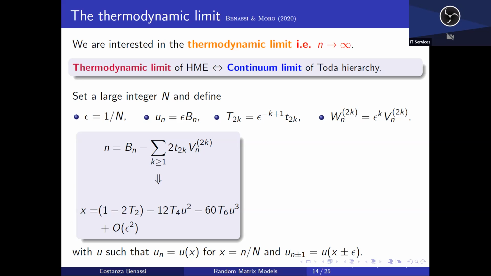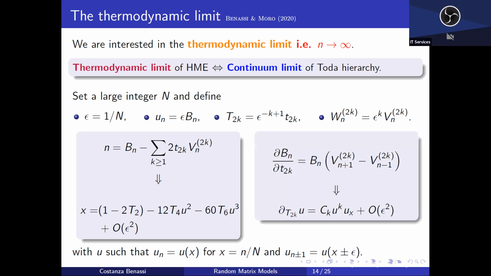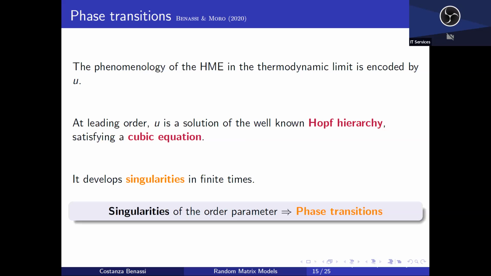And I just find a cubic. And this cubic, if you do the same game, but on the original differential identity instead of on the solution, is at leading order just the Hopf equation, plus some order 2 corrections here that we know how to write down explicitly. So the point is that we know that the Hopf equation develops singularities.